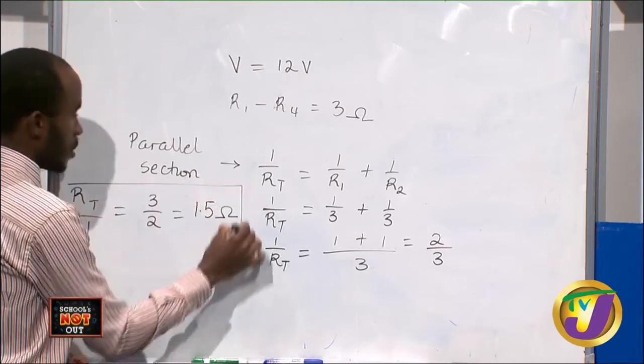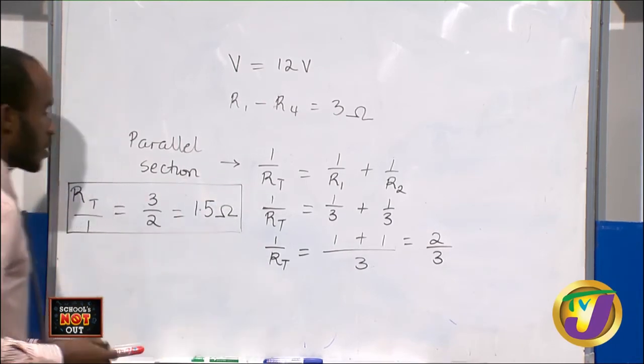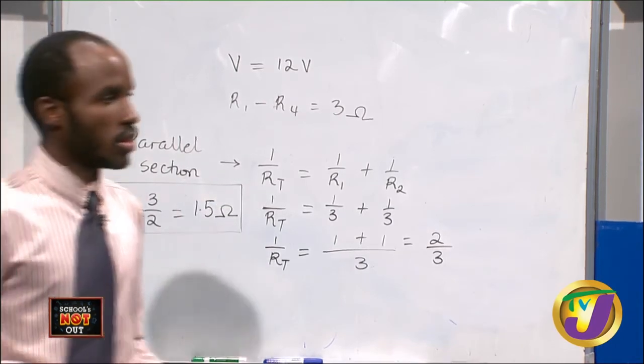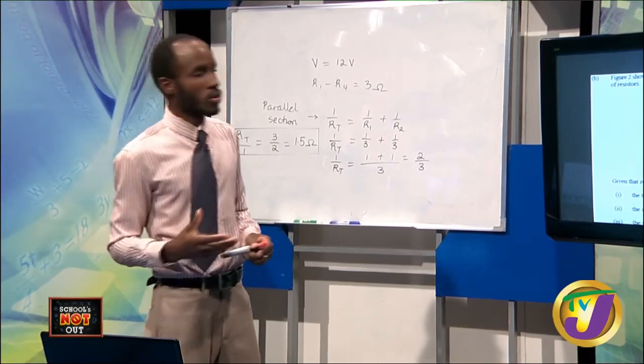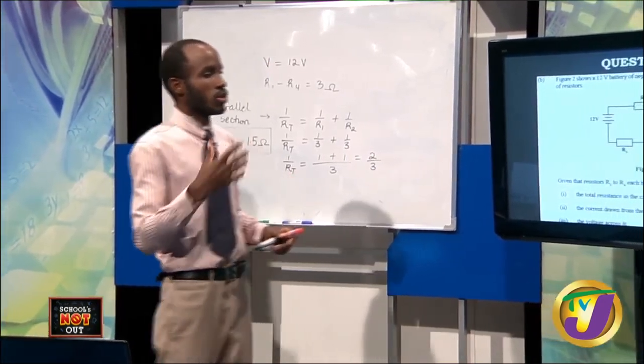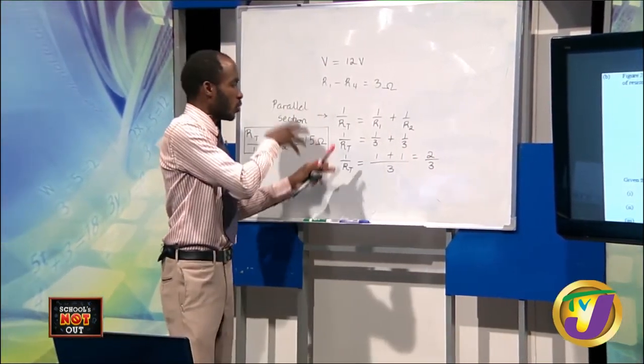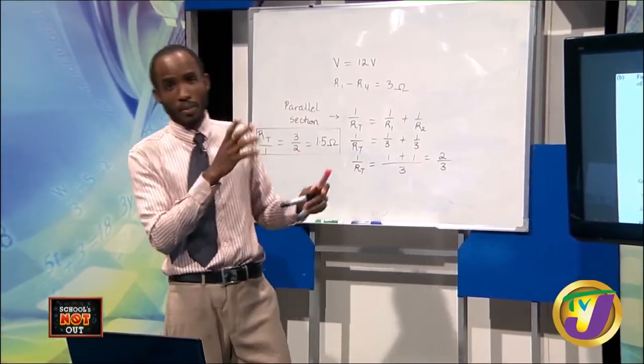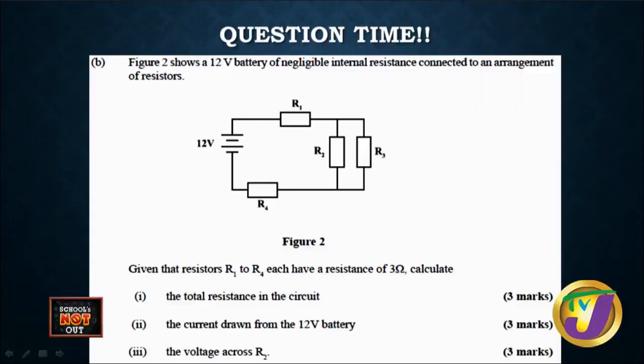So this is the resistance of the parallel section. So once we have found the resistance of the parallel section, we can now say, all right, 2 3 ohm resistors in parallel works out to just be like a single 1.5 ohm resistor.